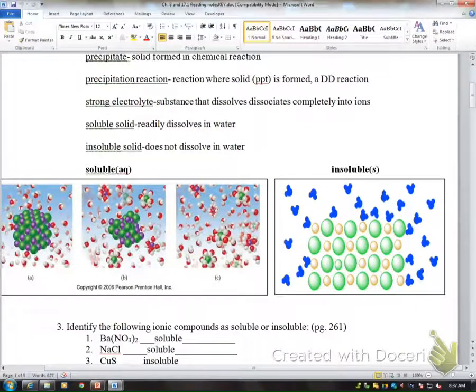Okay, looking at the next section then for what it looks like for something to be soluble and something to be insoluble. Remember that soluble means dissolved in water, so all these red and white molecules that you see are the water. And if we assume that the blue and green is a molecule of sodium chloride, you can see that the sodium chloride is being broken up and physically actually taken away and surrounded by the water molecules.